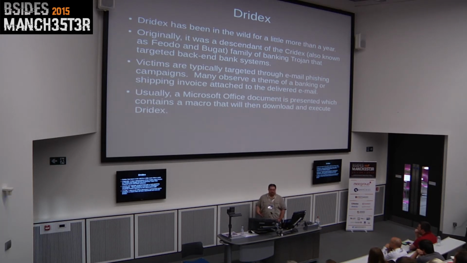So, for instance, about a month ago, there was a big intel piece indicating that one portion of the Dridex gang was going after French-speaking individuals. So it's a very varied potpourri, if you will, targeting scheme that they have.